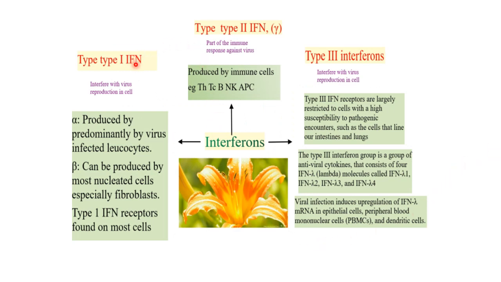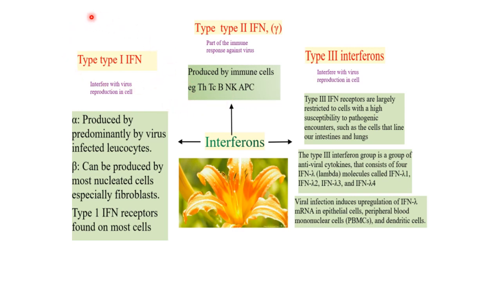There are three main types of interferons: type 1, type 2, and type 3. Type 2 interferon is part of the immune response against the virus. It's produced by immune cells, and we will not be dealing with this in detail as it is part of an immune response.